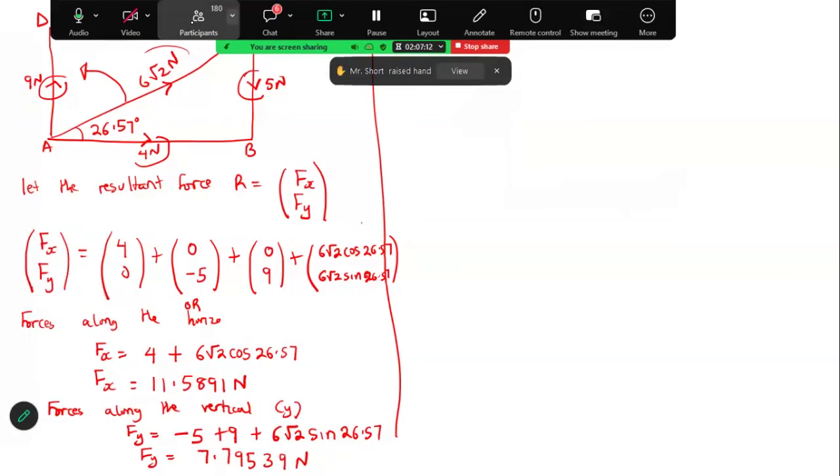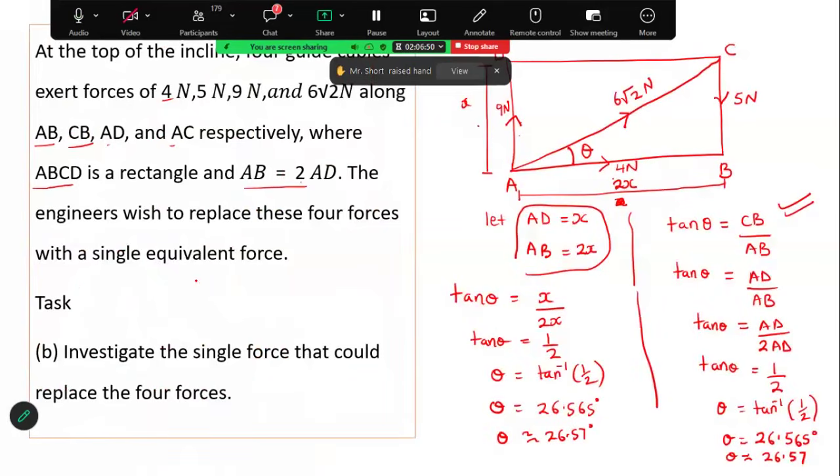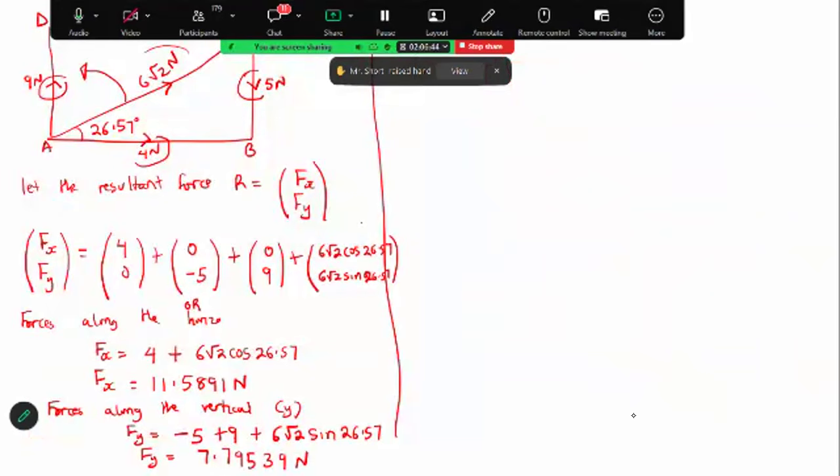Members, continue and get your resultant as I pick one hand from Mr. Short. Mr. Short? Good morning, teacher. Morning. What about when you consider point C, not A? When you consider point C. Because they gave us A to C, when you consider point C in terms of what?